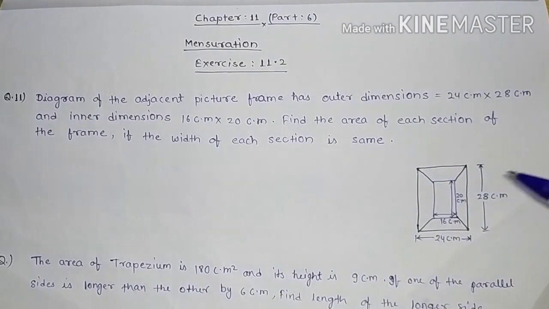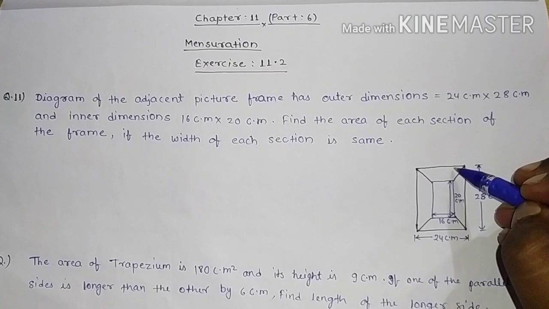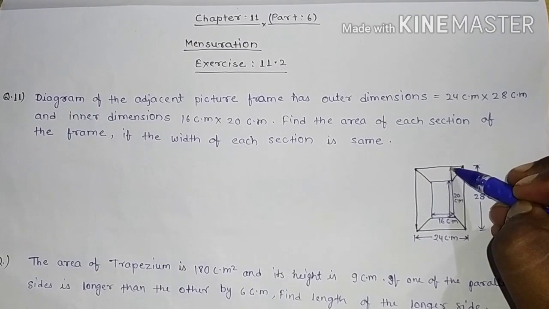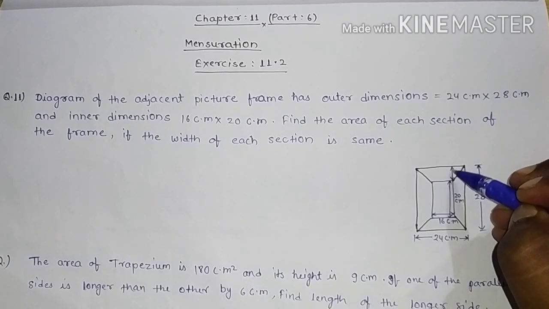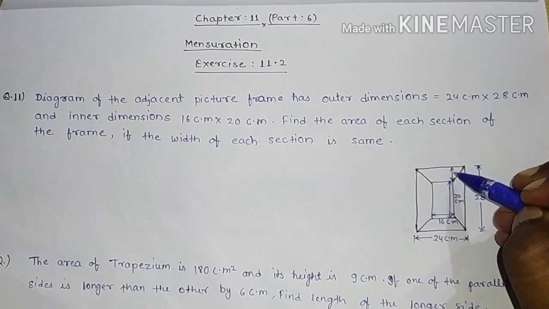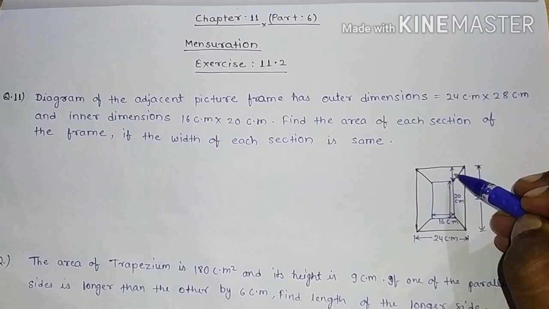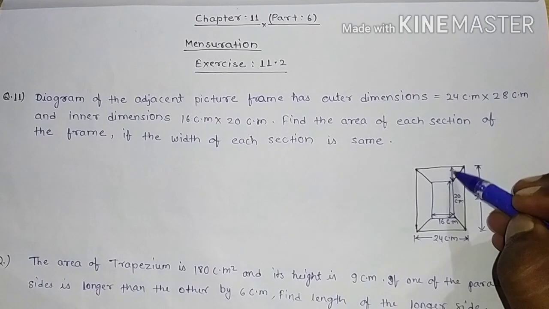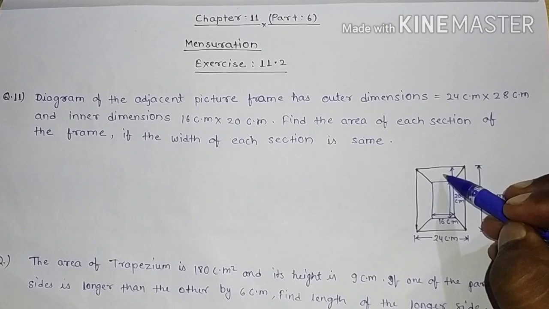That means simply the width, this length, this is the width of the frame, so the width is the same in each section. This width is for this section.